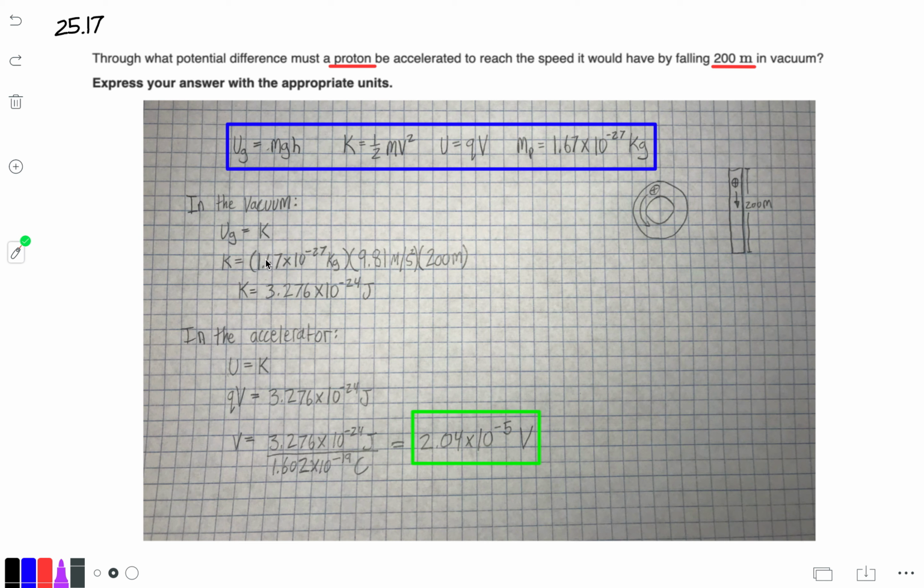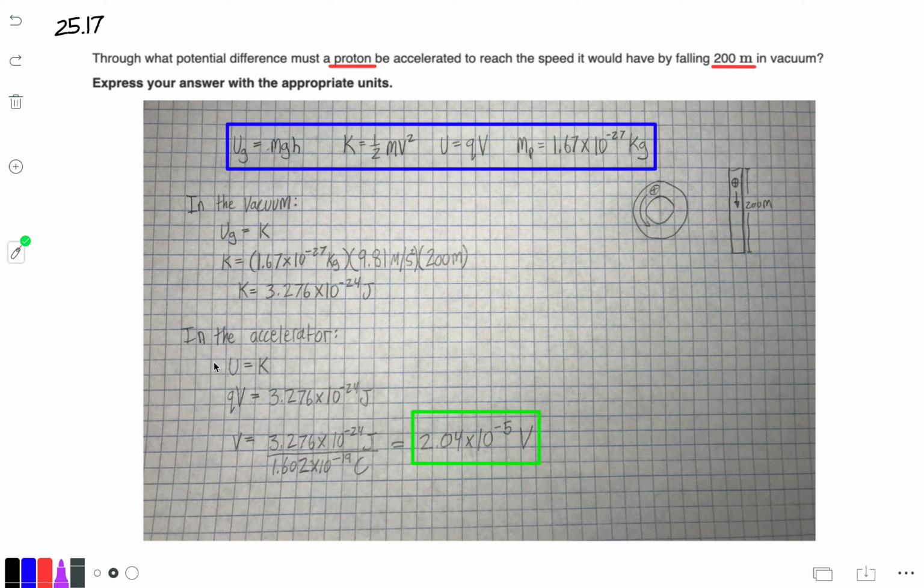So K is equal to mgh, and we can plug in our values for mgh here. Then we can use this K as the kinetic energy for our accelerator, and this is going to be in joules, of course, since we're talking about energy.